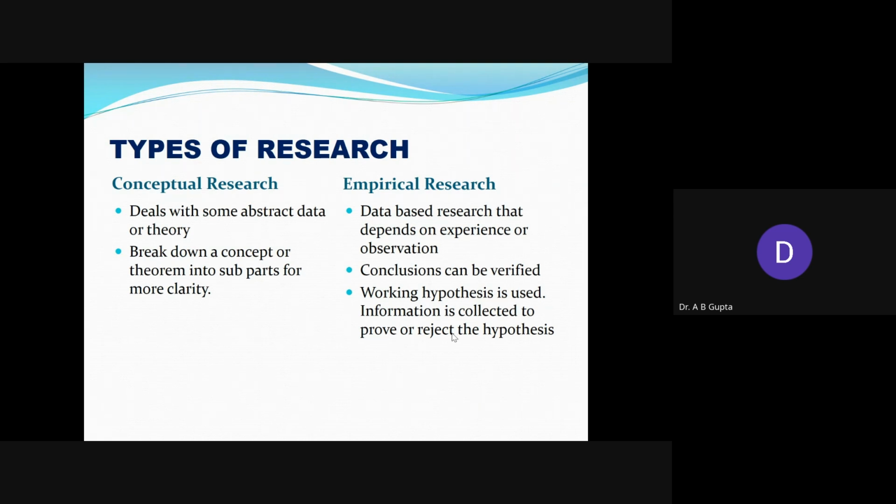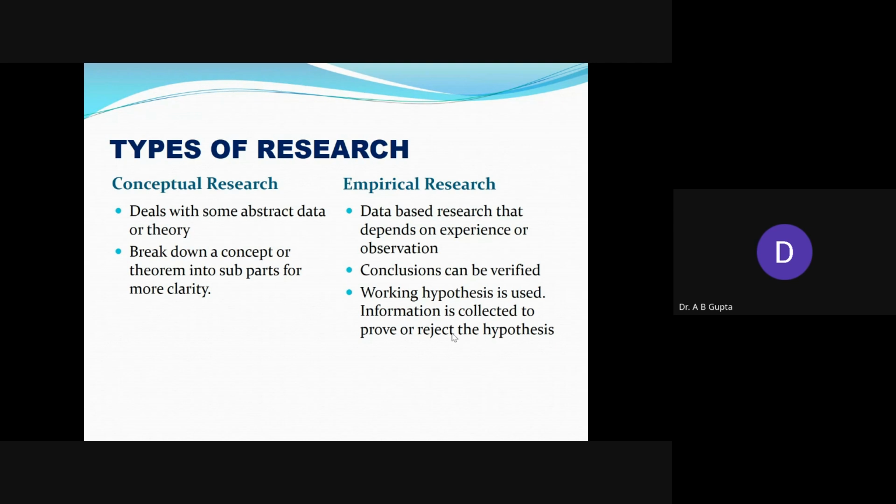You want to develop a new concept, so there you are undertaking conceptual research. You break down a concept or a theorem into subparts, and then you study those subparts, so that there is more clarity on the concept. So that is conceptual research.